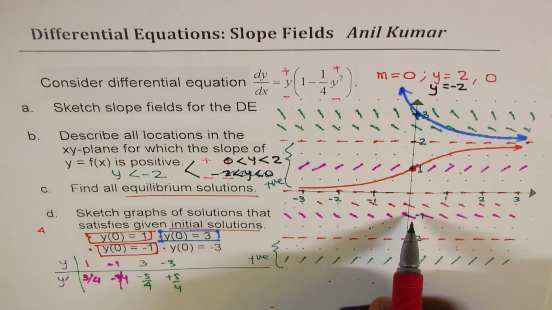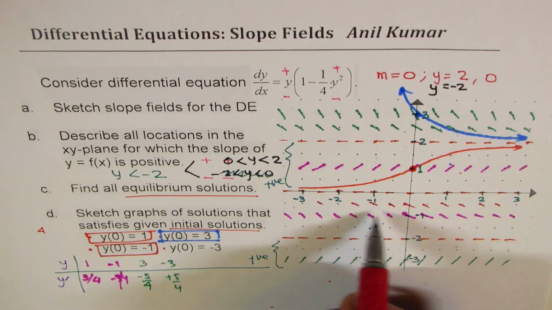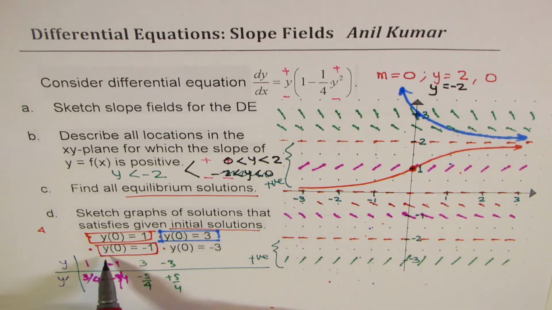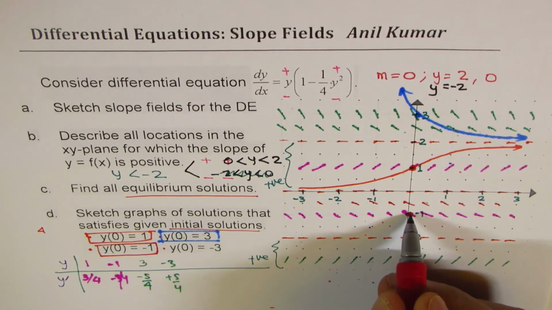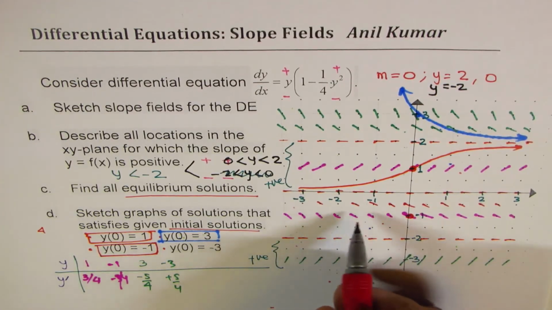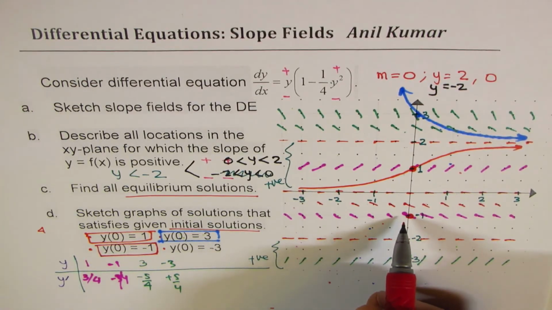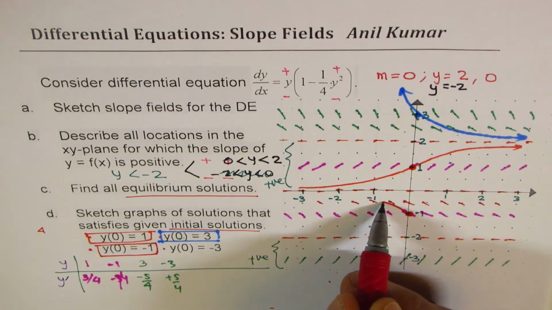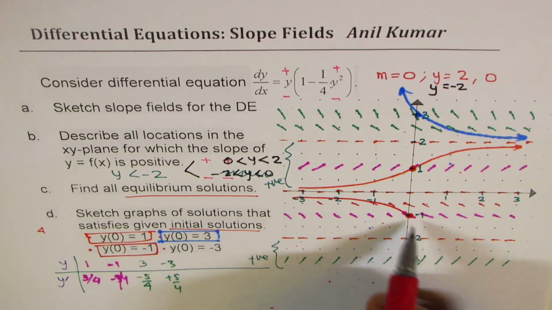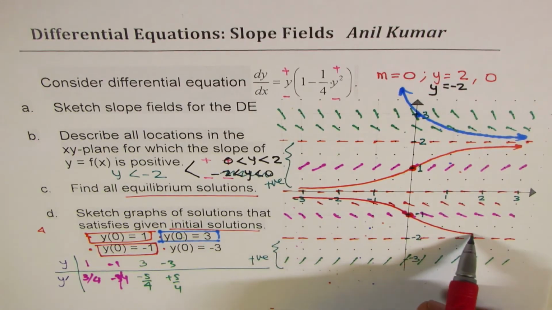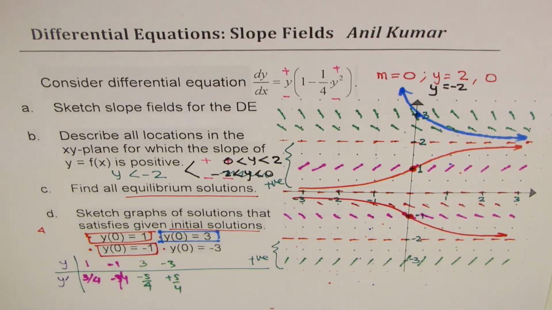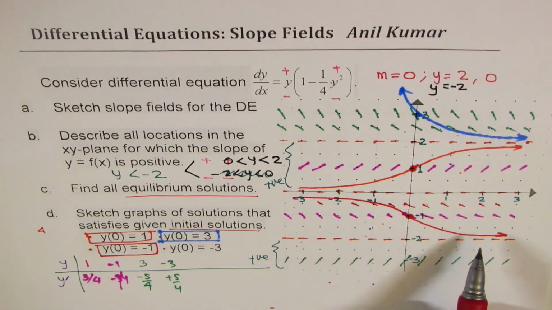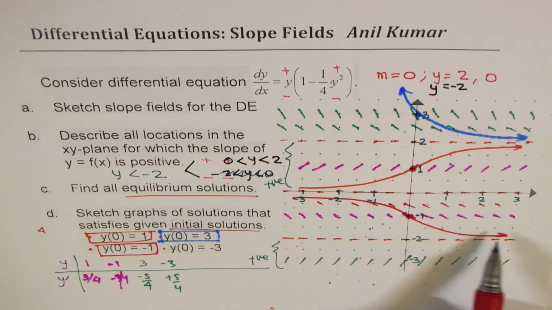So when you go through the point (0, -1), the graph is going to be like this. So you have to fill up these values to really see how it should look. Is it okay? So you should do that part on your own.